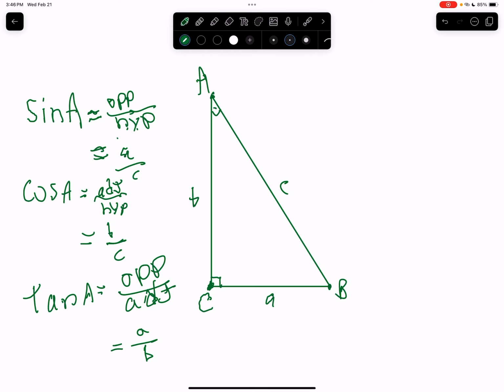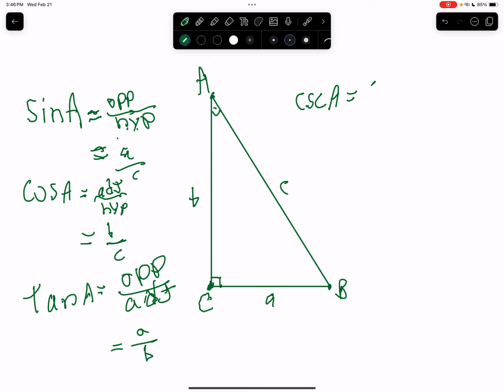And later on, you might need the other trig functions. So there are three more. The inverse trig function to the sine A is the cosecant A. And that's just flipping over the fractions that we got on the left-hand side.